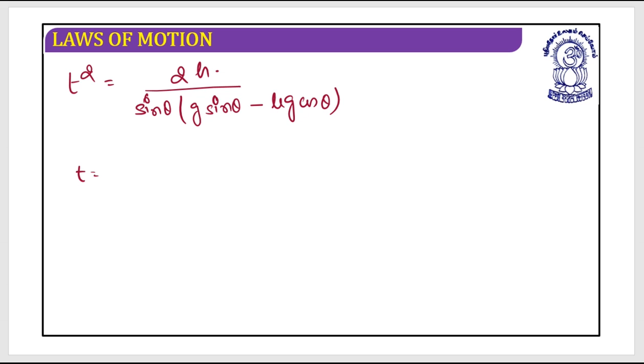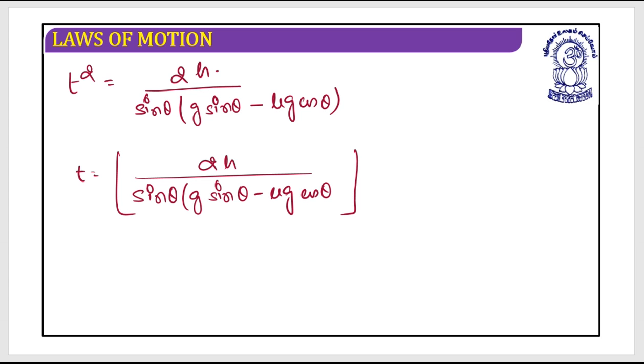That's it. T would equal the square root of this: 2h by sin theta into the bracket (g sin theta minus mu g cos theta). Got it? Yes.